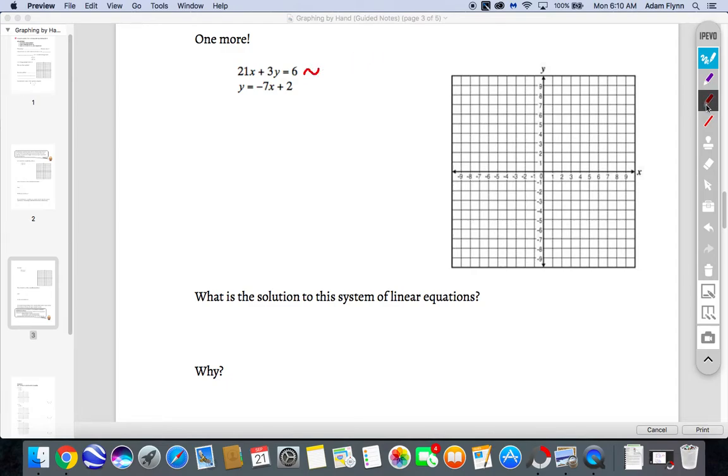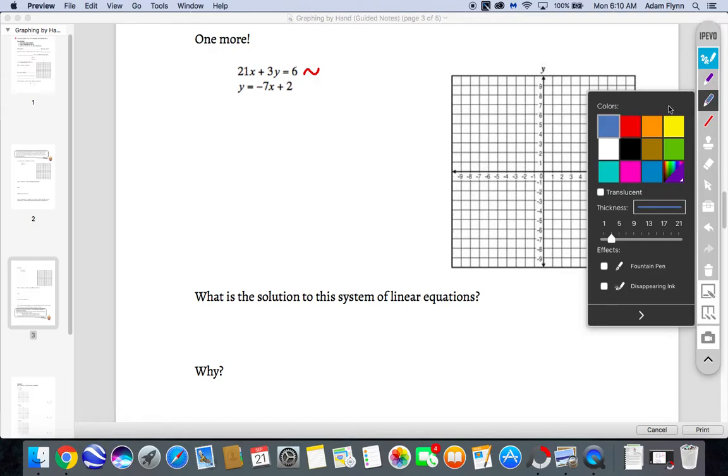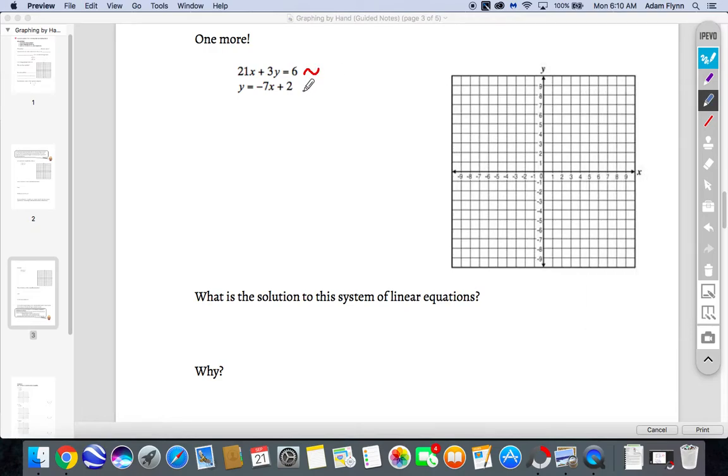So I'll make my top equation my red line, my bottom equation my blue line. So if I take a look at my blue line, it's in y equals mx plus b, or slope-intercept form currently. So I'm not going to need to change this. I'm going to put a star next to it because that one's ready to go. It's ready to be graphed.